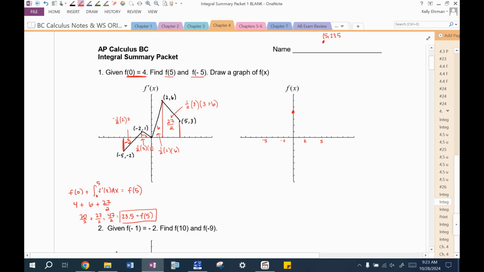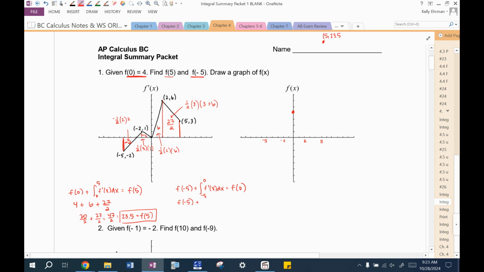Okay, we were also supposed to find f of negative 5, so start in order. So f of negative 5 plus the integral from negative 5 to 0 of f prime of x dx should equal f of 0. Right? Start at negative 5, add the change in position, and land at 0. f of negative 5, we don't know. I like to do the area over here instead of subtracting it first, so I'm going to figure out this area first.